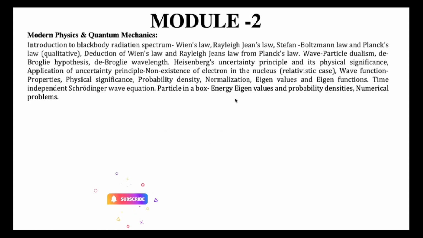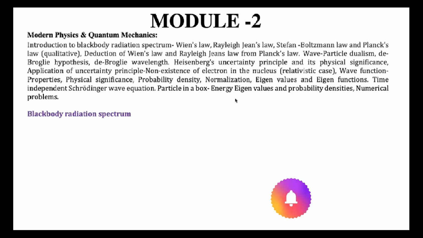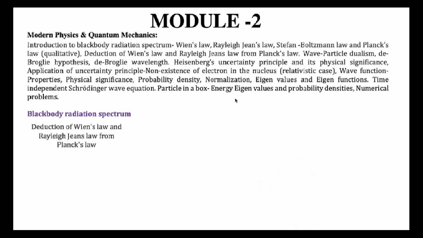From module number 2, that is modern physics and quantum mechanics, this is the syllabus. In this module, we can expect the black body radiation spectrum definition. Along with this, we can expect an 8 marks question on deduction of Wien's law and Rayleigh-Jeans law from Planck's law.